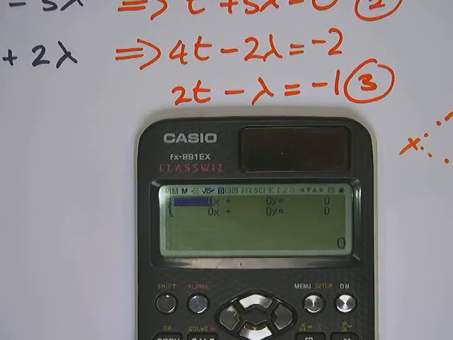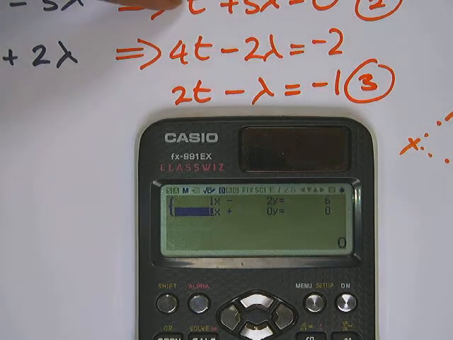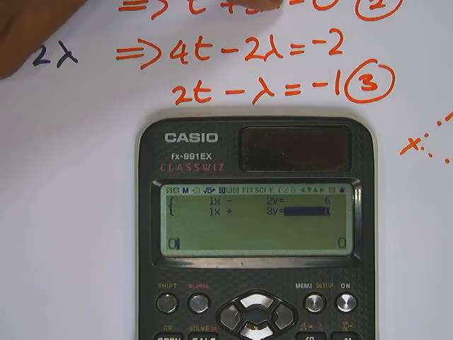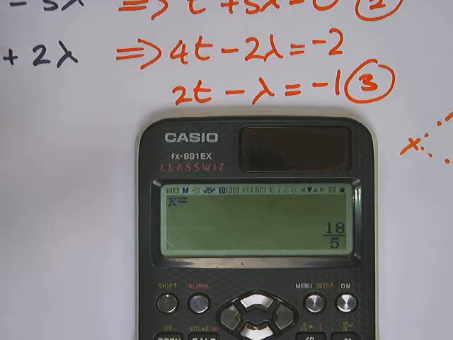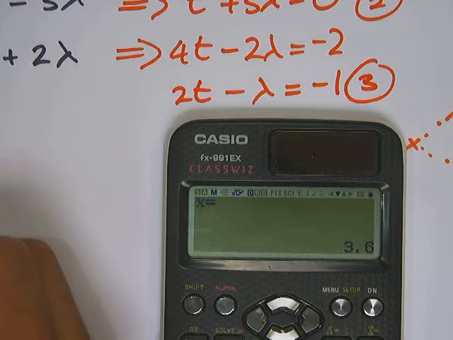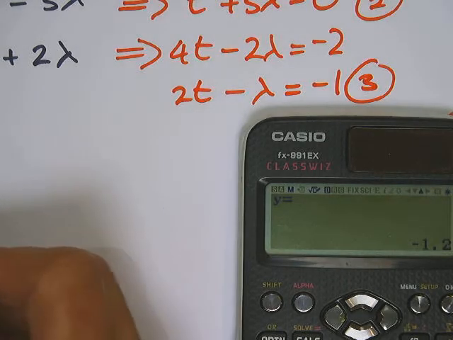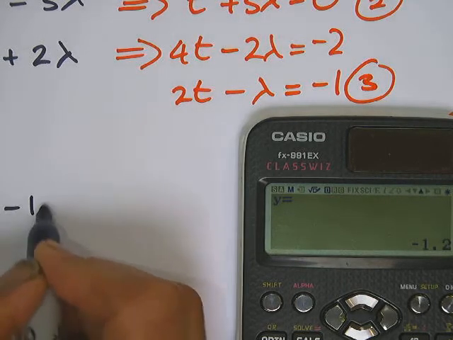So I've got 1, minus 2, 6, then I'm going to have 1, 3 and 0. So that would be t is 3.6. That was lazy, wasn't it? 3.6. And the lambda is minus 1.2.